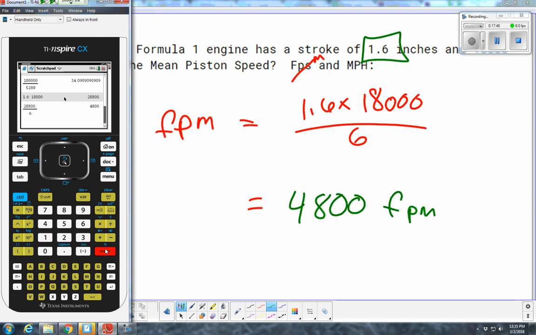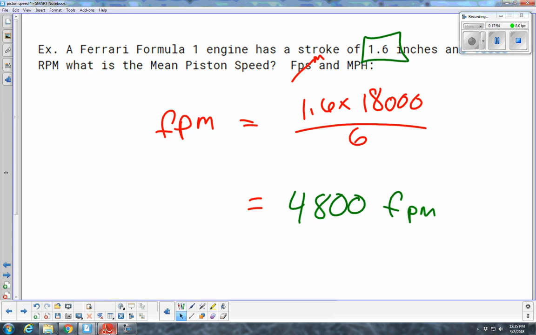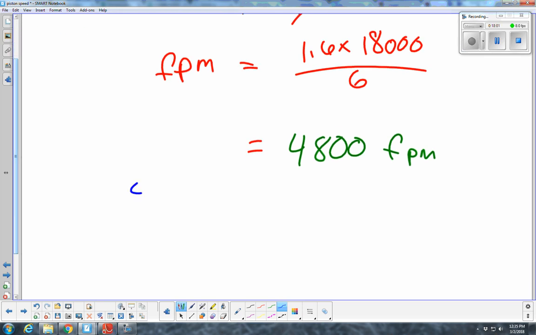All right. So let's talk about how many miles per hour that is then. Let's work that out one more time. What's the miles per hour on this bad boy? So we have 4,800 feet per 1 minute. If we want to clear the minutes, we put the minutes on the top. We put the hours on the bottom. So 1 hour has 60 minutes.